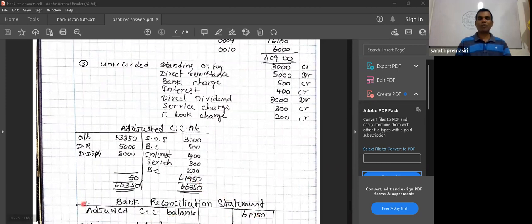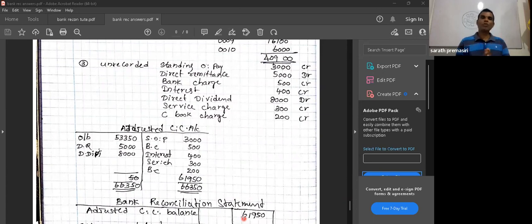Then add unpresented checks, less unrealized checks. Bank errors may sometimes be added and sometimes deducted. It depends.